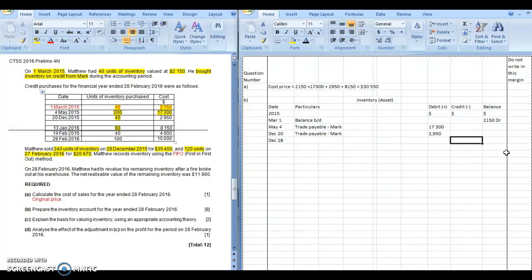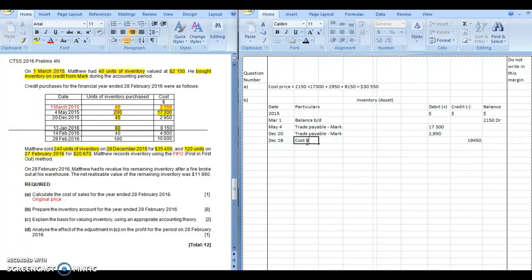So it is actually 19,450. So 19,450 is made up of the 2,150 and 17,300.